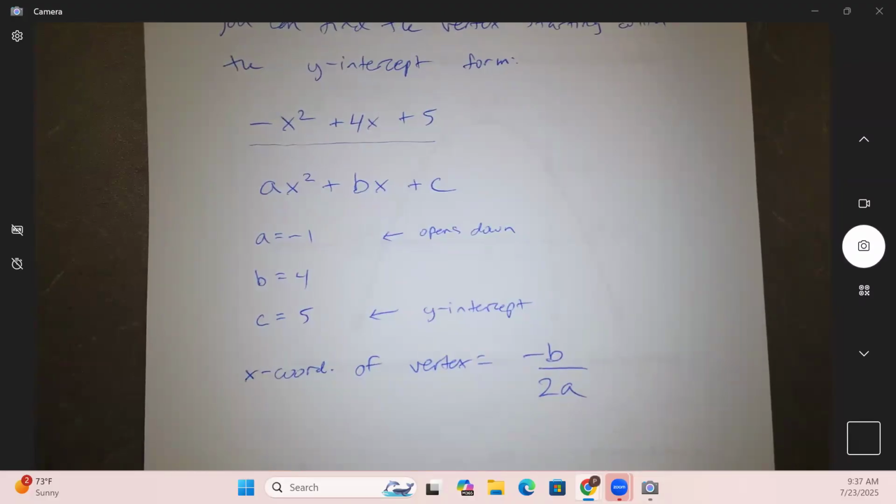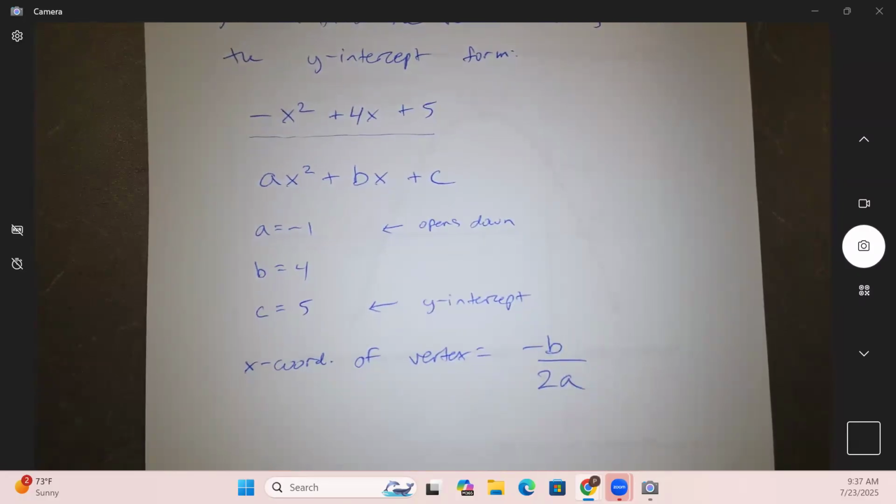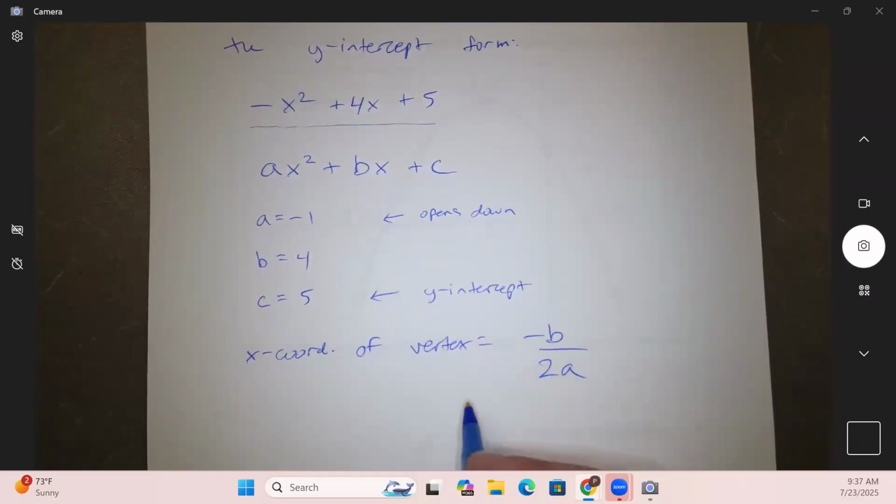If you ever heard of completing the square, this is what you get when you do that process. But you don't ever have to do that process as far as I'm concerned. In this case, it's going to be minus 4 over 2 times -1. Well, that's minus 4 over minus 2, which is 2, just like I thought.